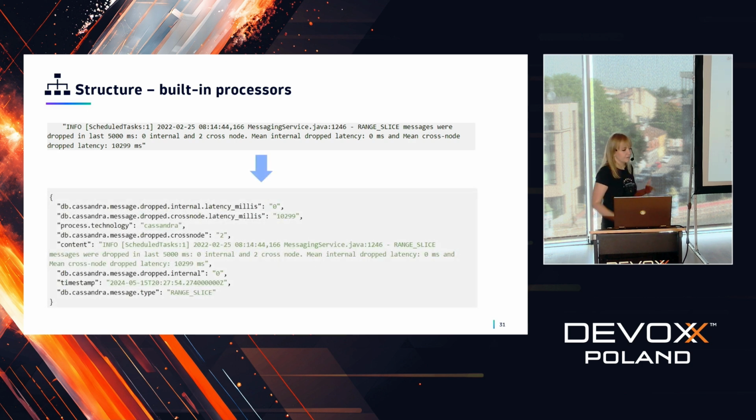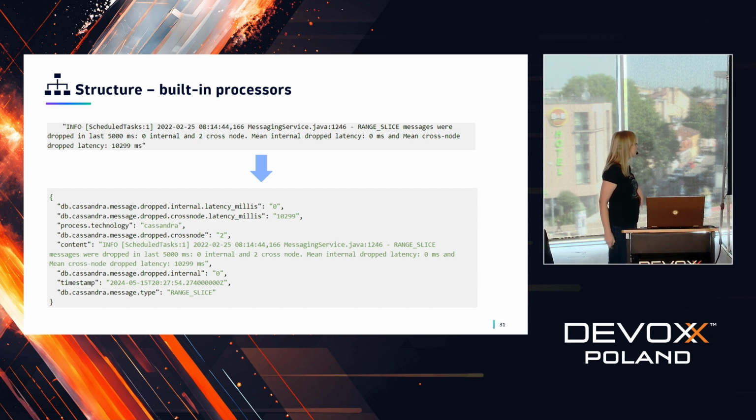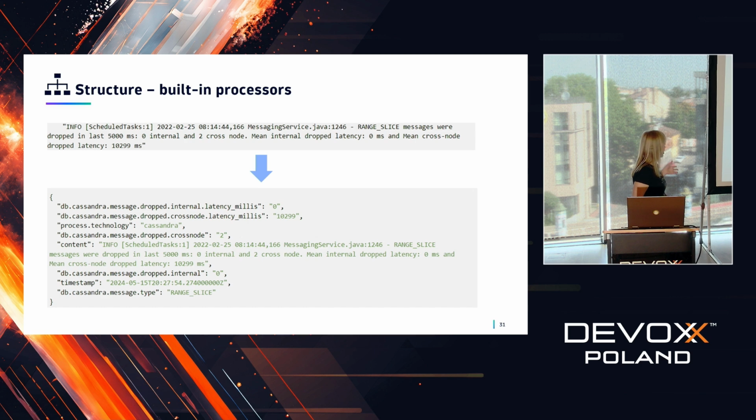Most of the observability tools support built-in processors that are able to process this message and extract some nice attributes from it. So now, after this processing, we can see how much useful information can be added in one log line.